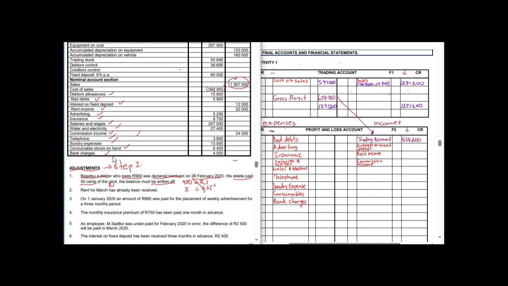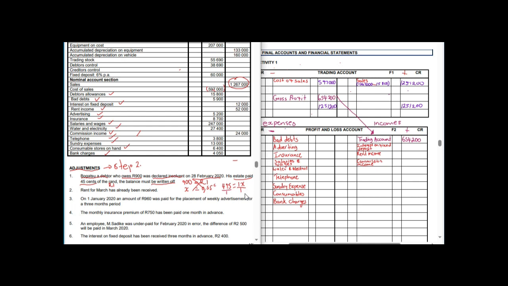Then we can do our cross multiplication, whereby we are going to say 900 multiplied by 0.55 cents, and then we have 495 rand equals 1 rand multiplied by our x, so we have 1x, divided by 1.